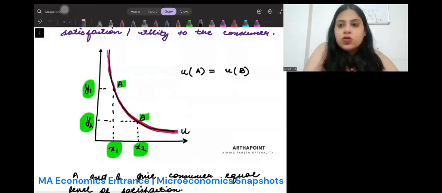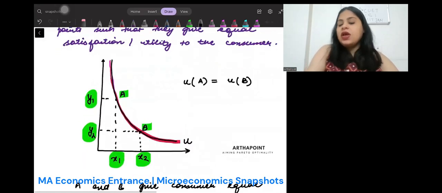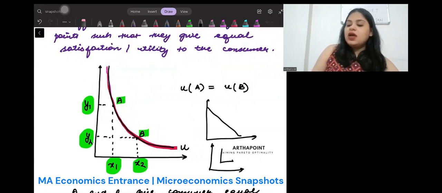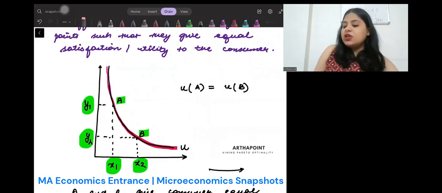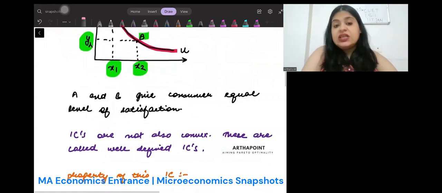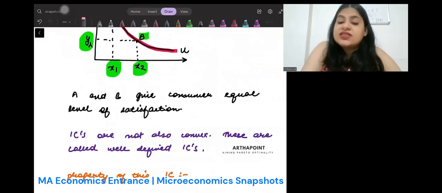But this is not the only shape of IC. IC can be linear, as we will see in the coming videos. IC can be L-shaped. IC can be of any shape possible. So it is not necessary that ICs have to be convex like I have shown here in this diagram.